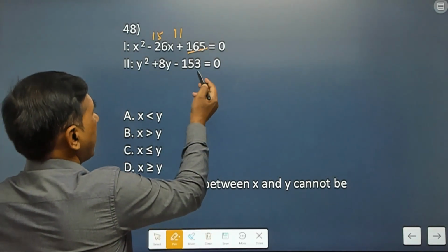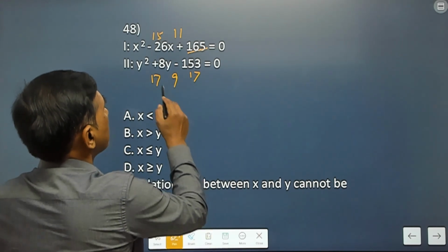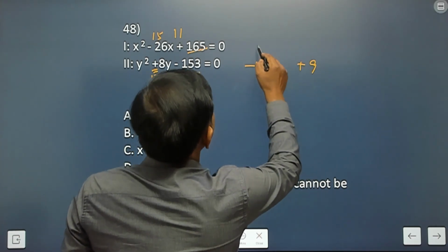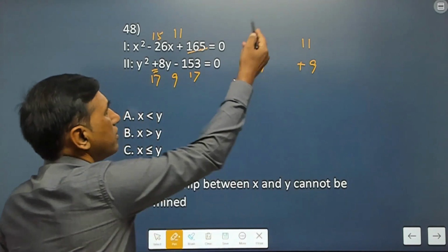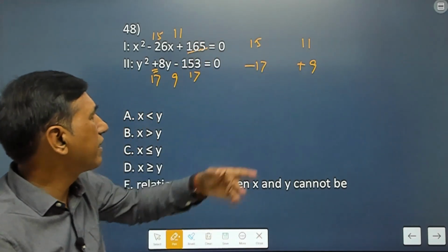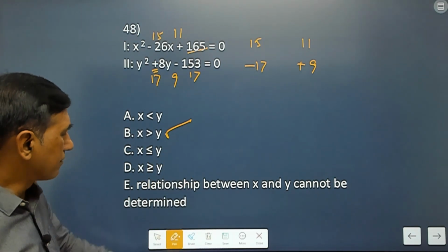So one has to be 17. So we can say 17 and 9. So it is plus, so minus 17 plus 9, this will be plus 15 plus 11. So since 9 is also smaller than 15 and 11, x is greater than y is the answer.